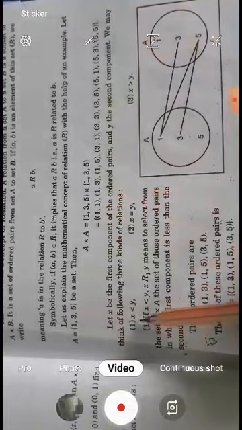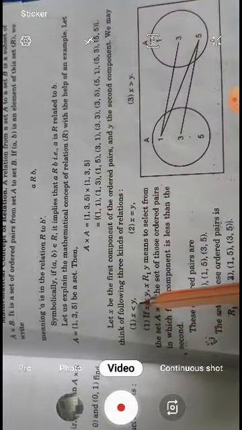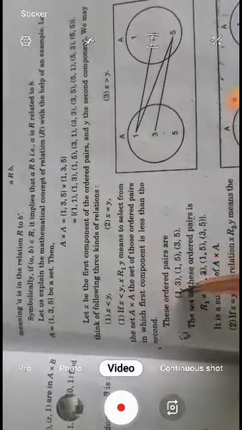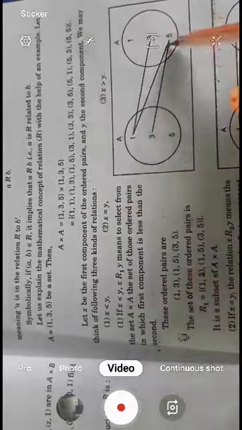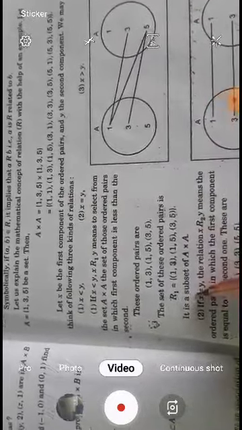A × A is our component set, and these components are applied in this form. If we take x lesser than y, then the pairs are (1,3), (1,5), (3,5). This is the relation R1, which is a subset.